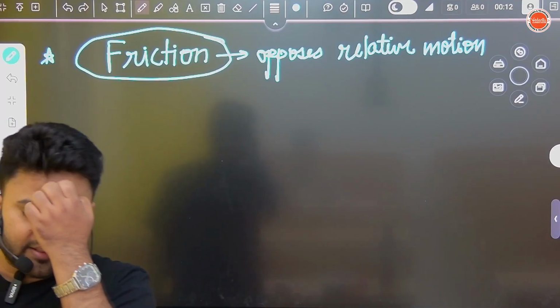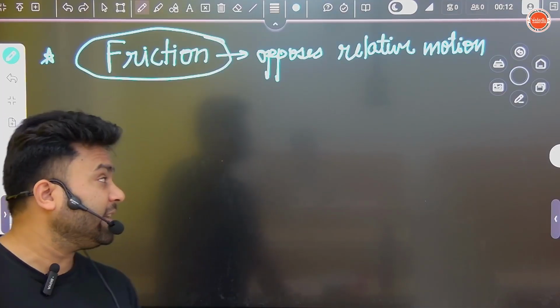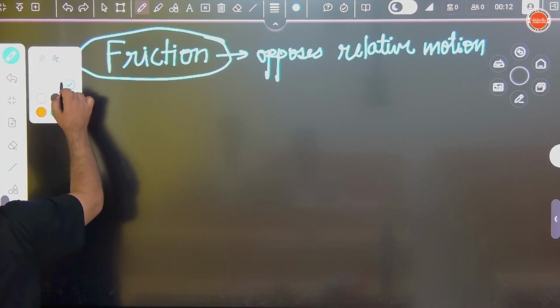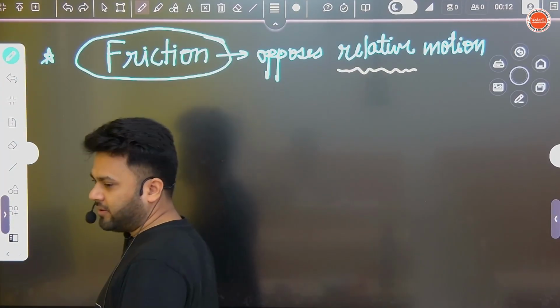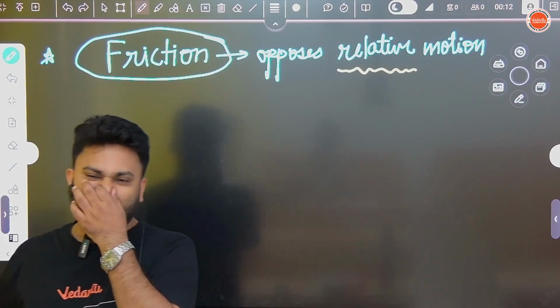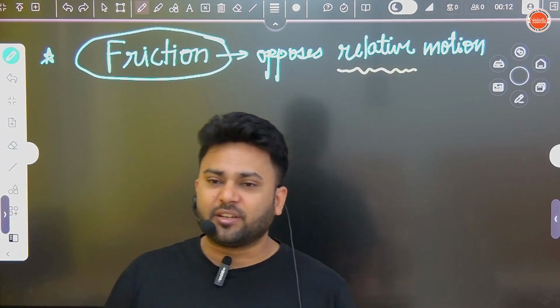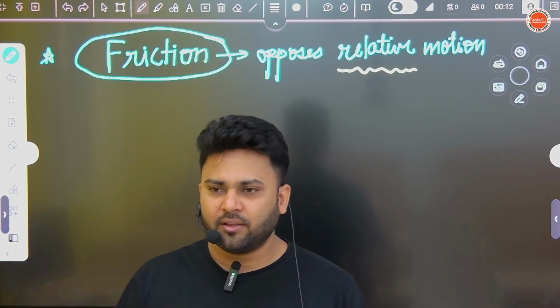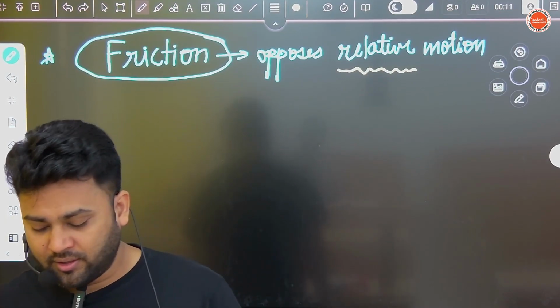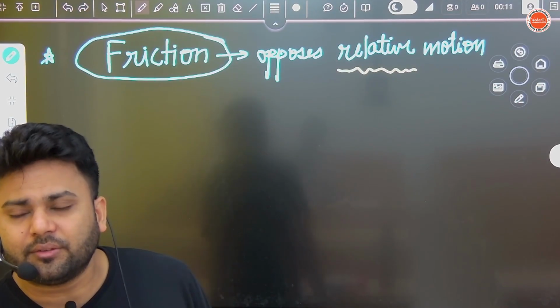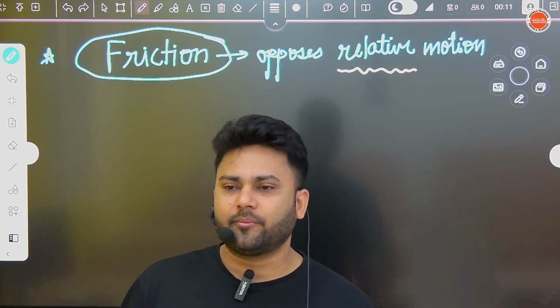Some people think that friction opposes motion. No. That's why I have written this word. Friction opposes relative motion. Some students think that friction always opposes. No, friction supports. When we are walking, it supports the motion. Suppose we are walking, friction is in the forward direction.